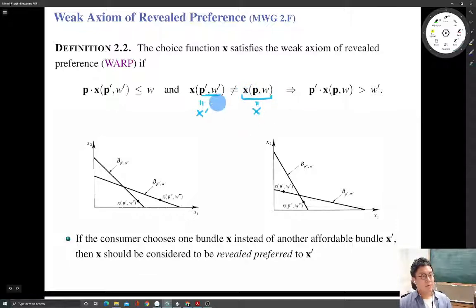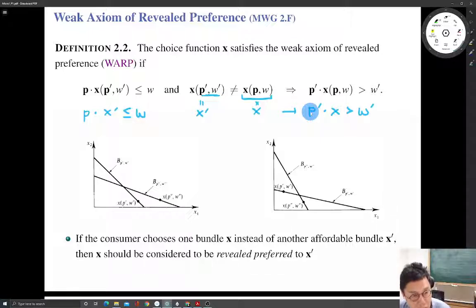Okay, then the first inequality can be written as P dot X prime is smaller than or equal to W. Okay, and bundle X prime is different from bundle X. Okay, then WARP requires P prime dot X is strictly larger than W prime.